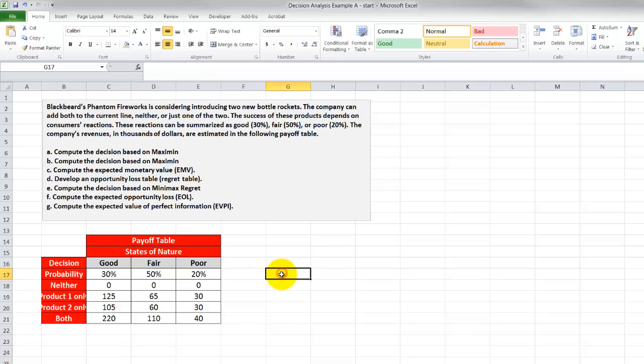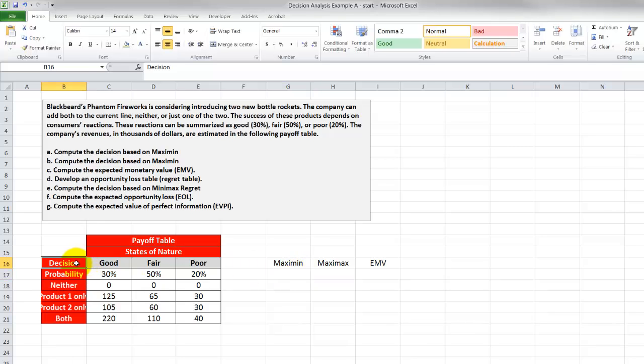What we're going to list here are the strategies that we're going to solve for. The first one, which will be on the same row as the states of nature. So let's go ahead and place the title Maxi-Min. Then next, Maxi-Max. And then the expected monetary value.